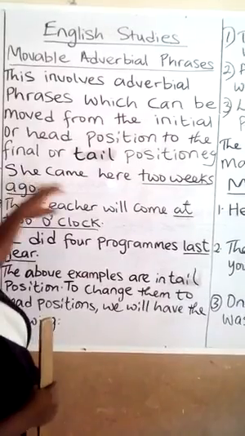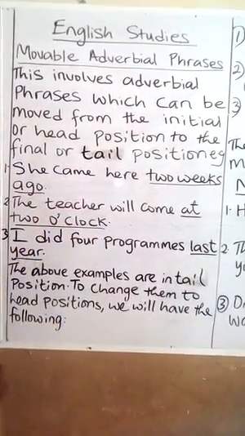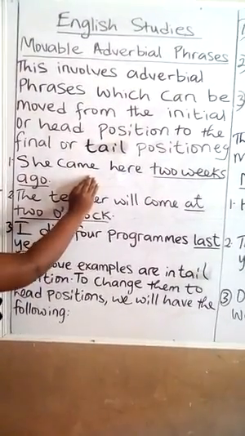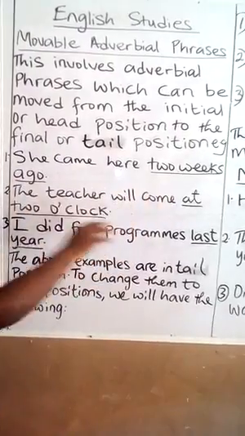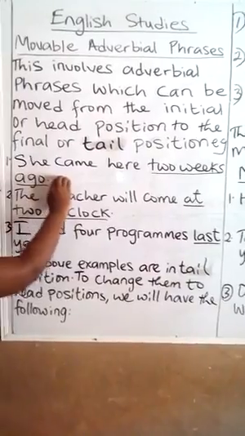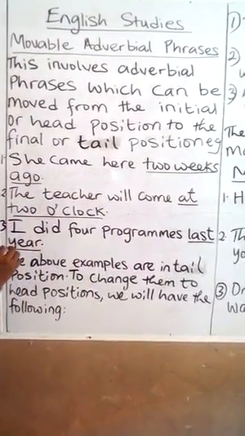What did she do? She came. When did she come? 2 weeks ago. So 2 weeks ago explains more about the action that she takes. That part of our sentence becomes your adverbial phrase.